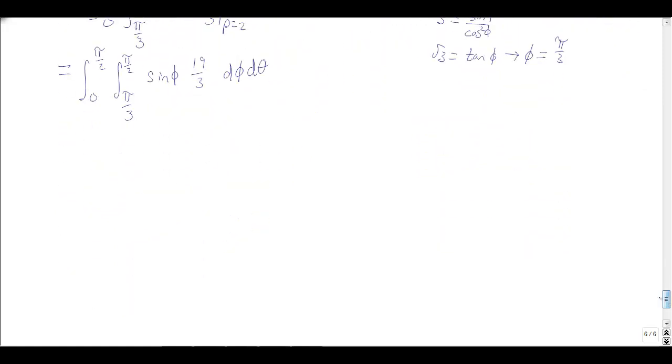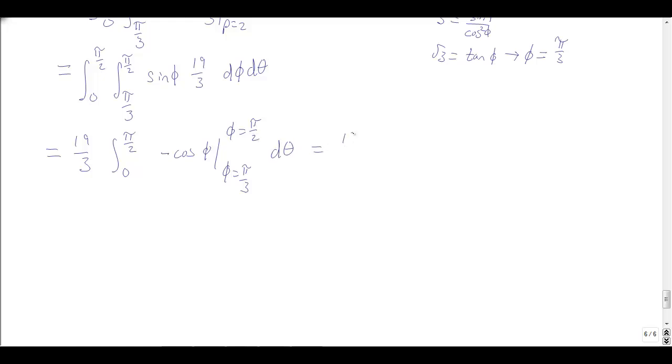When I integrate this, I pull the 19 thirds out in front. I get an integral from 0 to pi over 2. Sine phi integrates to negative cosine phi, from phi equals pi over 3 to phi equals pi over 2, d theta.